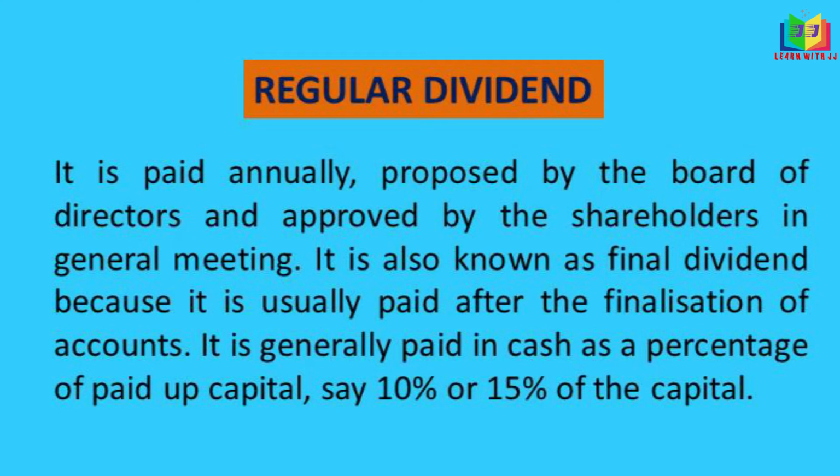This is also termed as final dividend because it is usually paid after finalization of the accounts. Hence, it is termed as final dividend and it is paid in the form of cash. Normally it will be around 10% or 15% of the capital. This is the regular dividend.